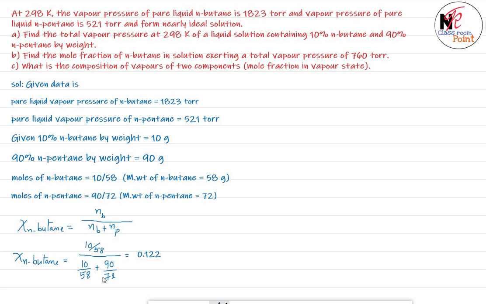By calculating all this, we shall get the mole fraction of butane as 0.122.